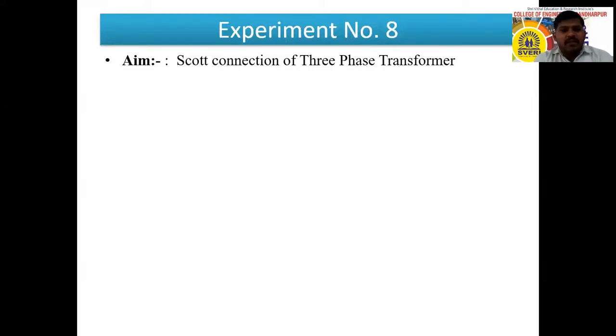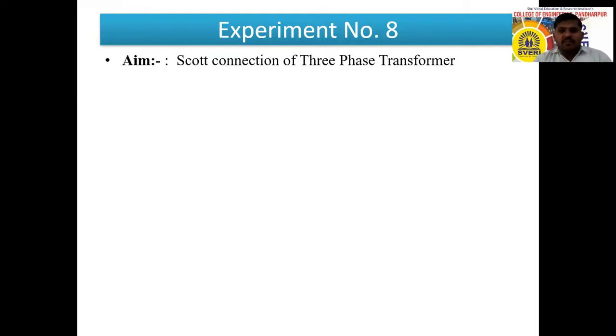If the available supply is in the form of three-phase and we want to convert it to two-phase, then this type of connection is important. So Scott connection is used for three-phase to two-phase conversion as well as vice versa.